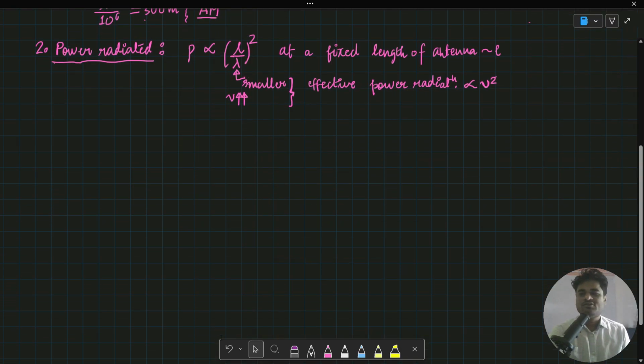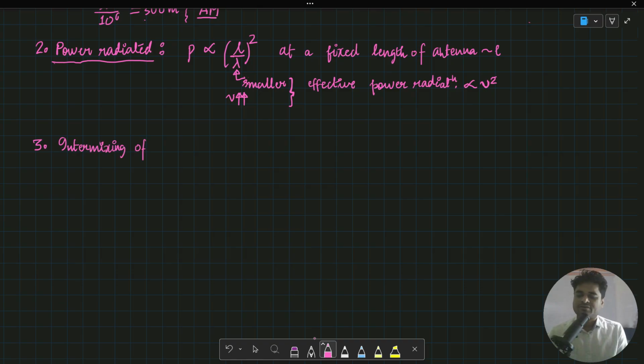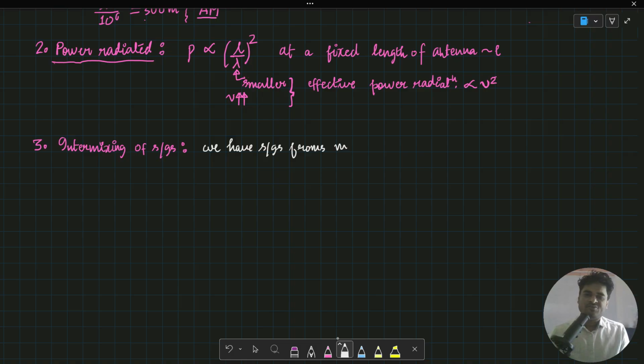And the third point is intermixing of signal. So now let's say that at the receiver end we have signals from many transmitters, as all transmitters are transmitting at the same time.